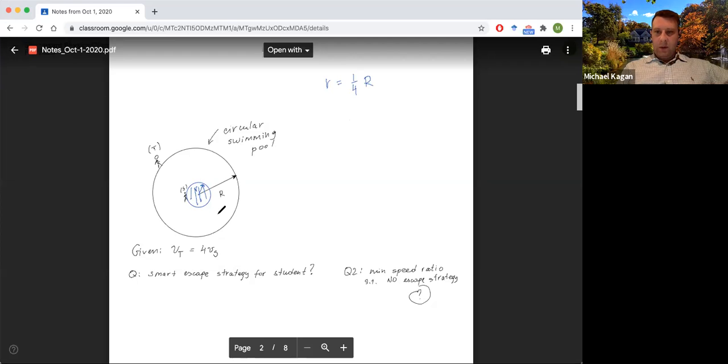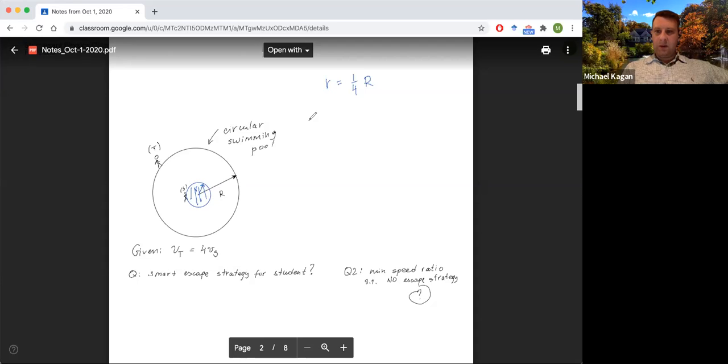Okay, make sense? What does it mean for the problem? That means no matter where the teacher is, the student can always outswim him and place himself on the opposite side of the diameter. That is the maximum possible distance between the teacher and the student if you stay on the circle.